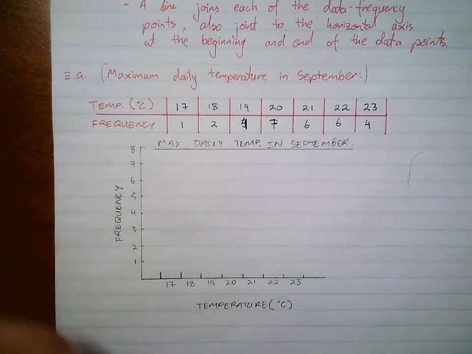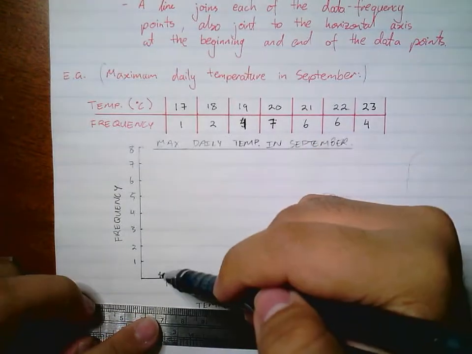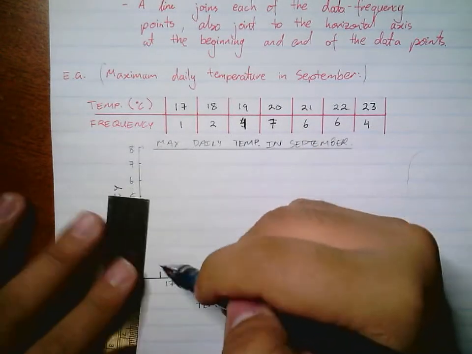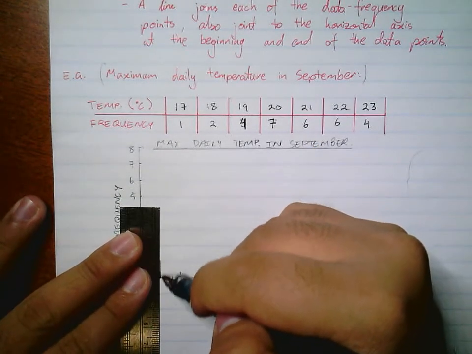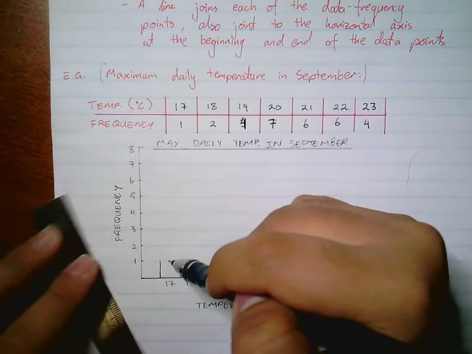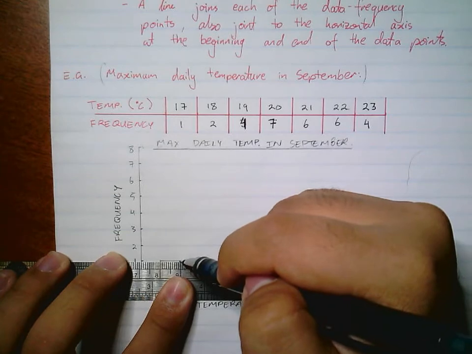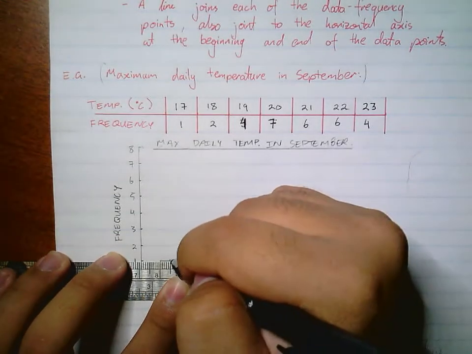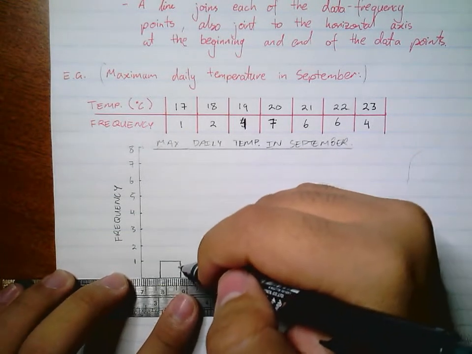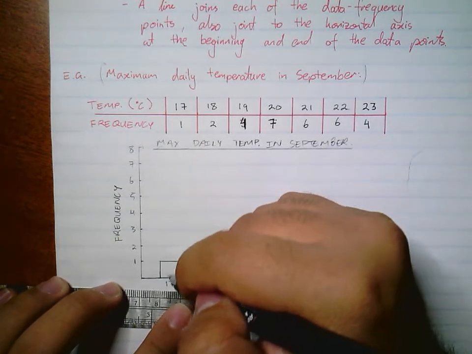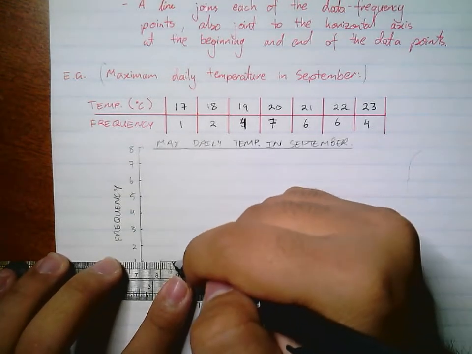And now we can finally construct our columns. Since we have our lines here, it'll be a lot easier. There's our 17. Now you'll see in a moment why I will mark the halfway point of the top of that column. That one there.